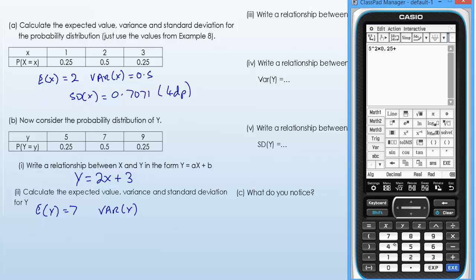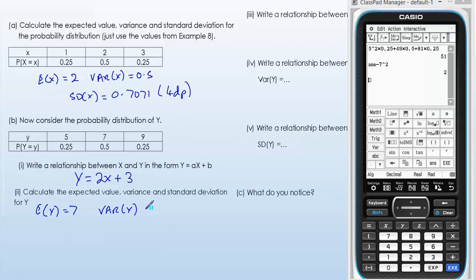And then 7 squared, that's 49 times 0.5. And then 9 squared, so that's 81 times 0.25. So that's 51, and then we need to take away 7 squared. So that gives us 2.